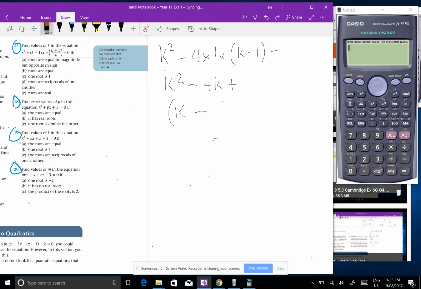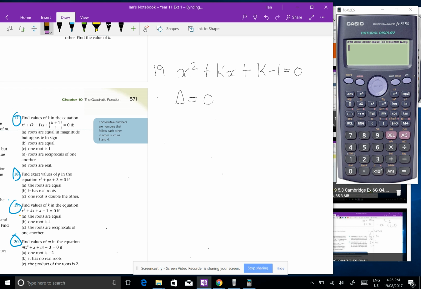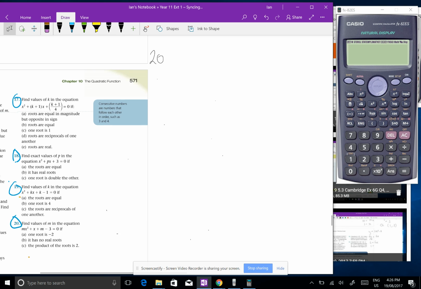So, for question 20, let's write the equation. And what have we got? mx squared plus x plus m minus 2 equals 0.